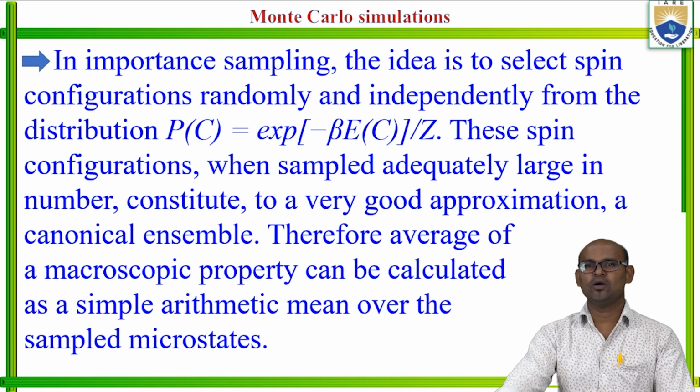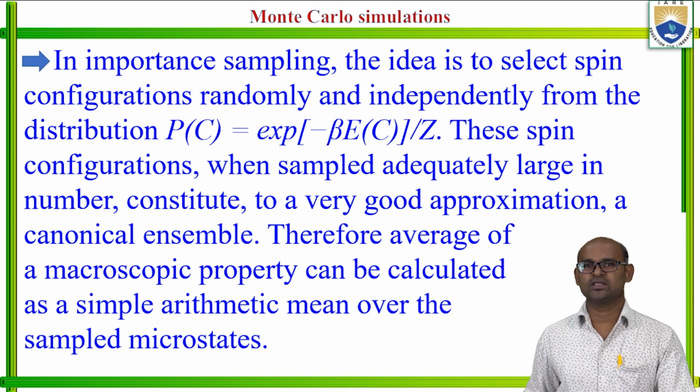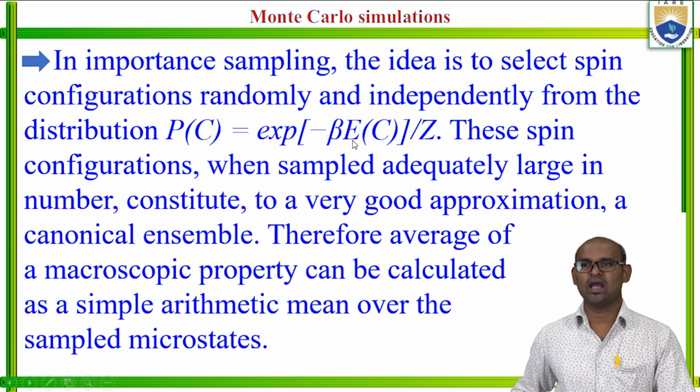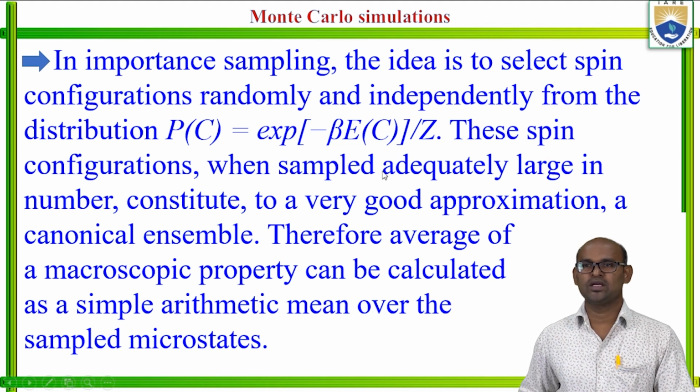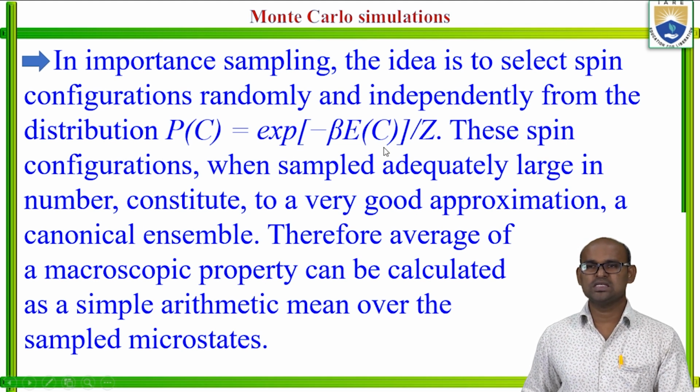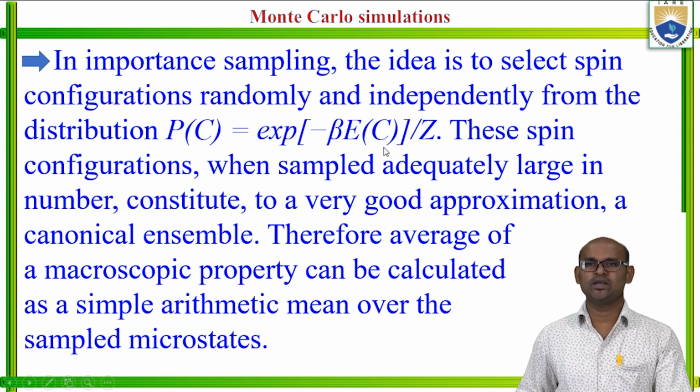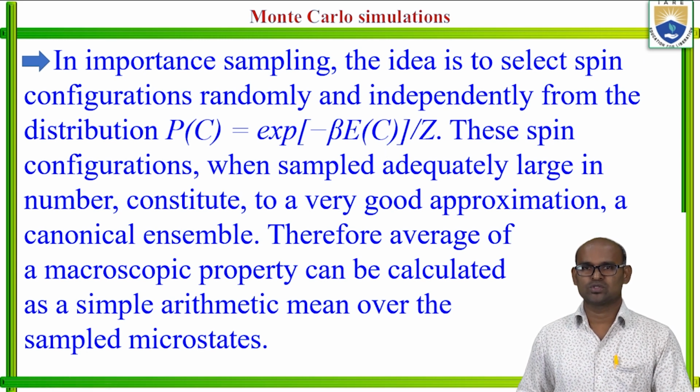Okay, so in importance sampling, the idea is to select spin configurations randomly and independently from the distribution. We are going to sample the microstate from this probability distribution, which gives the probability of occurrence of a microstate. So we sample microstates independently and randomly from this distribution.